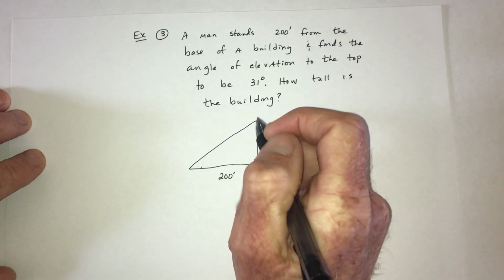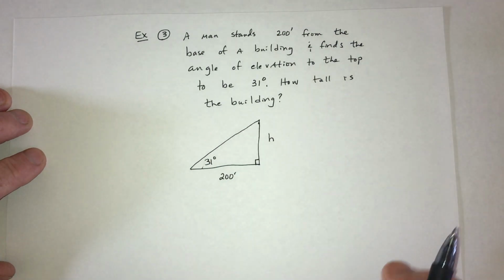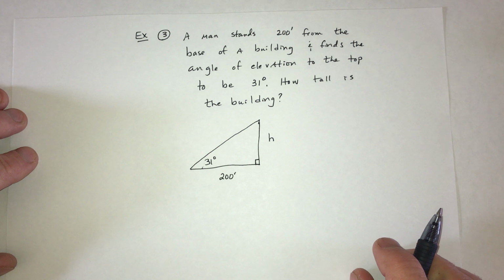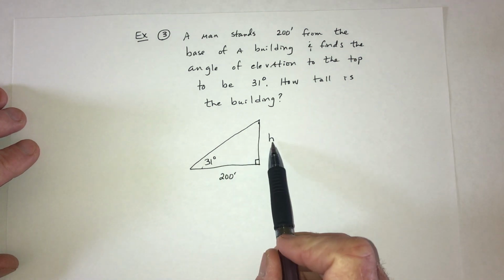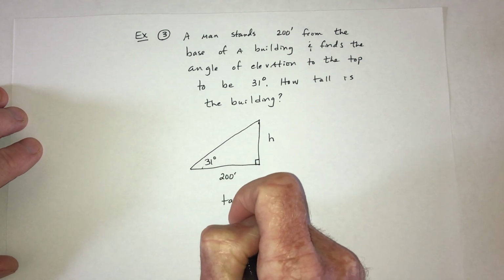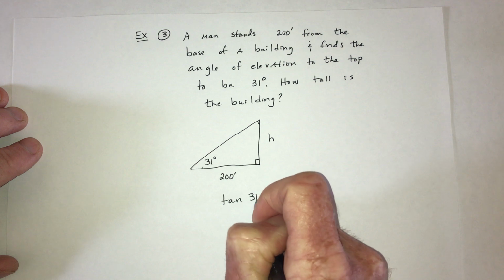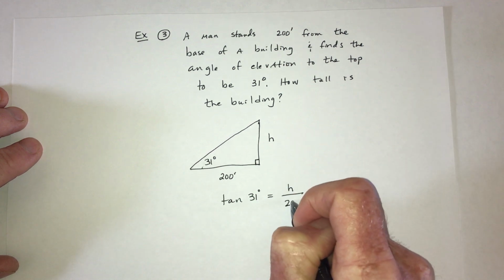So this is the angle of elevation, 31 degrees. Now solve for h. Well, since this is opposite and this is adjacent, that is the job of tangent. So tangent of 31 degrees equals opposite over adjacent.